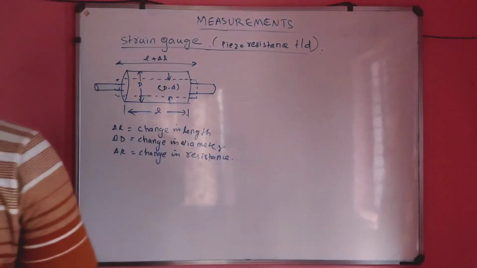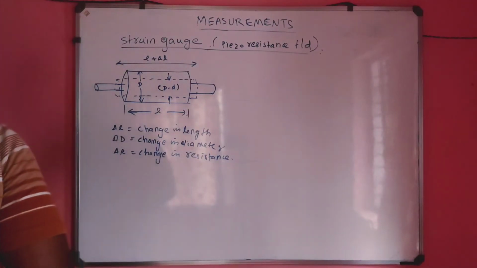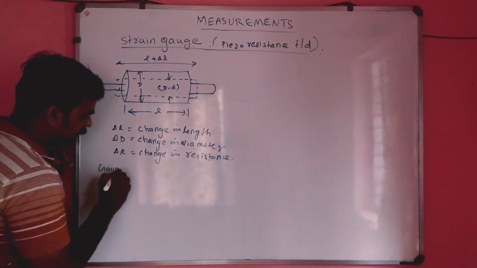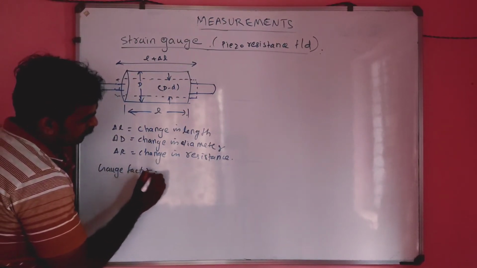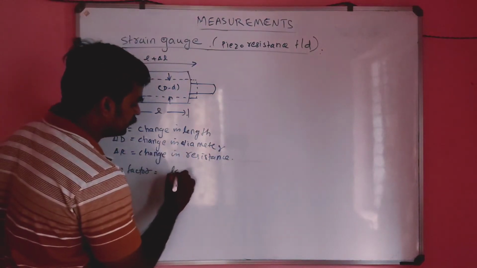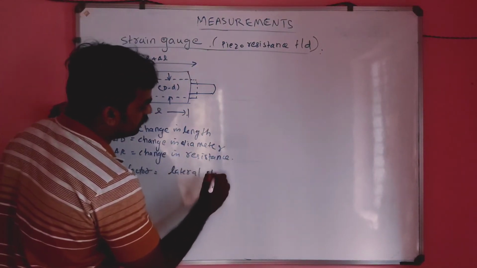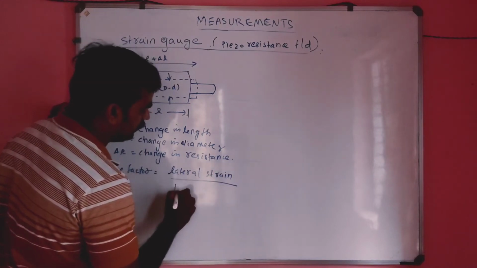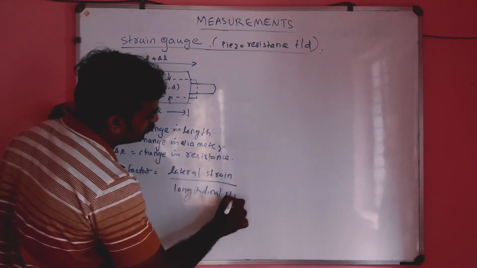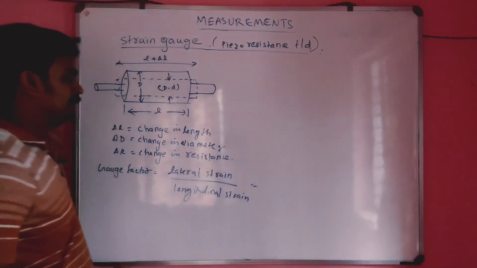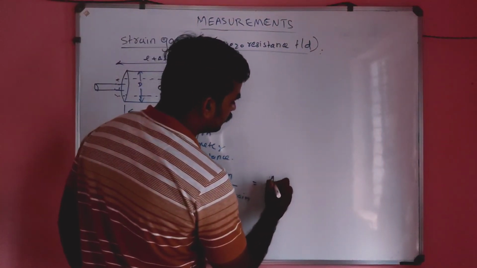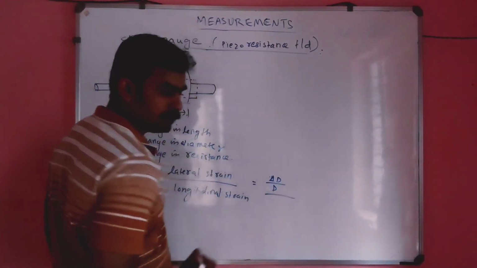Change in resistance. So only one thing you have to note here, what is gauge factor here? So gauge factor is nothing but, my dear, lateral strain divided by longitudinal strain. Lateral strain means the change in the diameter divided by original diameter.